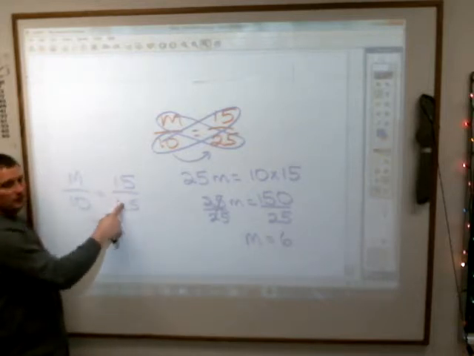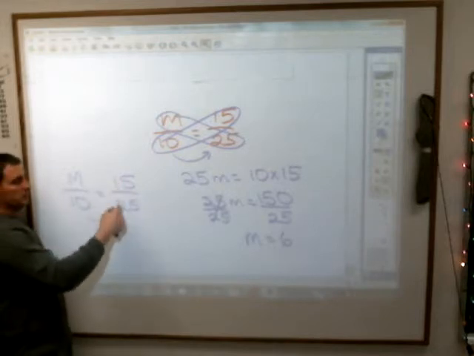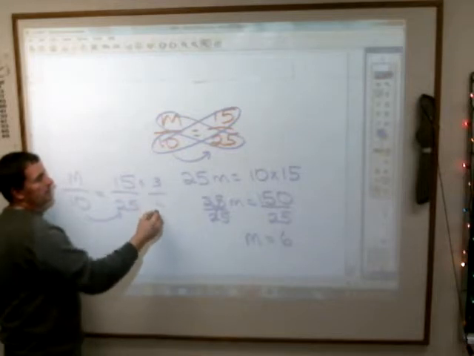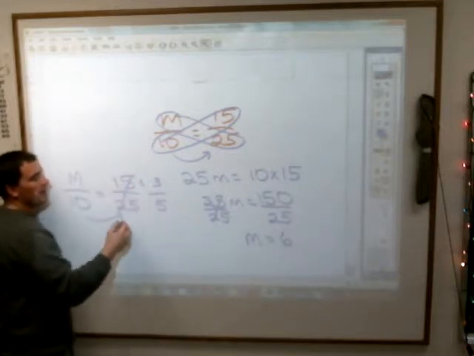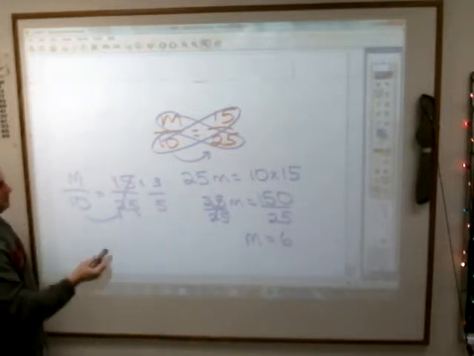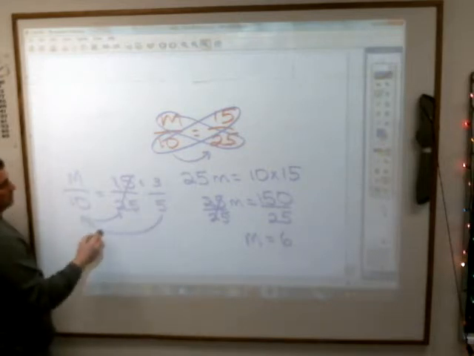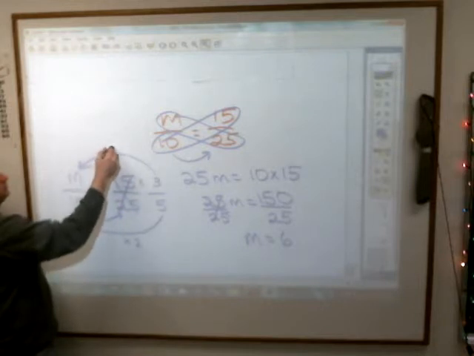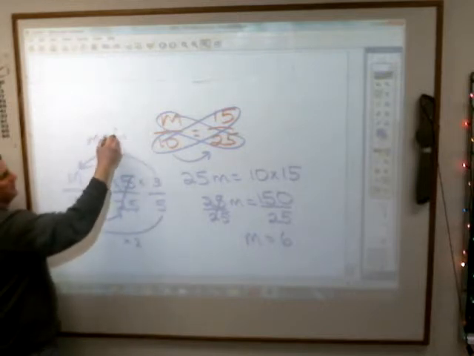Can I reduce 15 over 25? Yeah, what number goes into both of them? Divide them both by 5, you end up with 3 over 5. If you use the new fraction, which you're allowed to, then you can go, oh, 5 times 2 is 10, and 3 times 2 is 6.